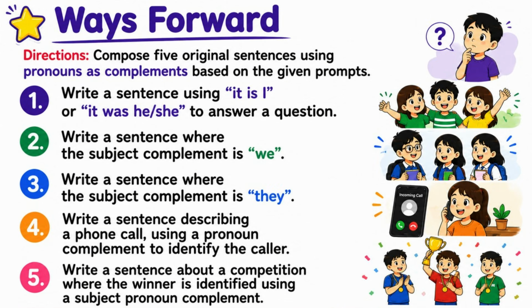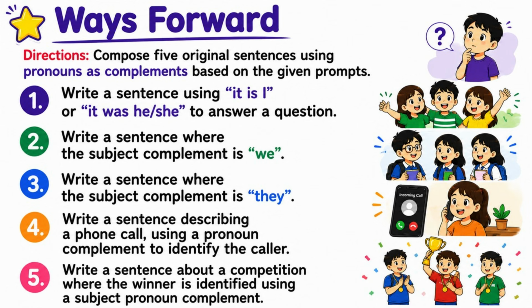Ways forward. Directions. Compose 5 original sentences using pronouns as complements based on the given prompts. Number 1. Write a sentence using it is I or it was he or she to answer a question. 2. Write a sentence where the subject complement is we. 3.